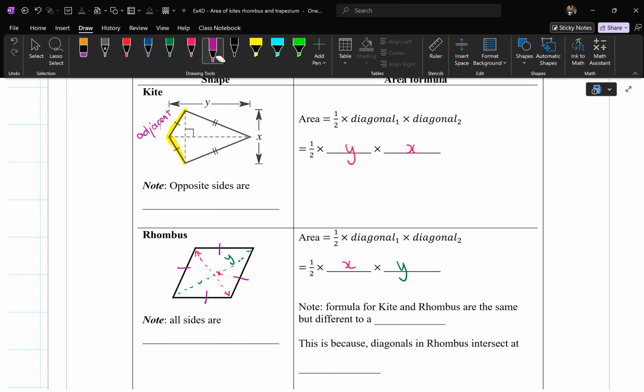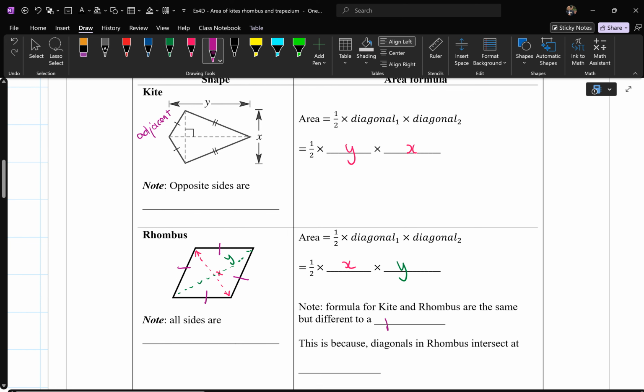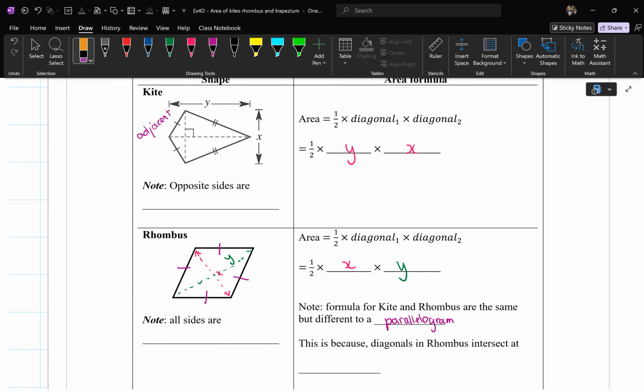Okay, and note here, I said the formula for a kite and rhombus are the same but different to a parallelogram. A parallelogram feels like it could be like a rhombus, because it's meant to be a rectangle but skewed. So why isn't the formula the same for a parallelogram and a rhombus?